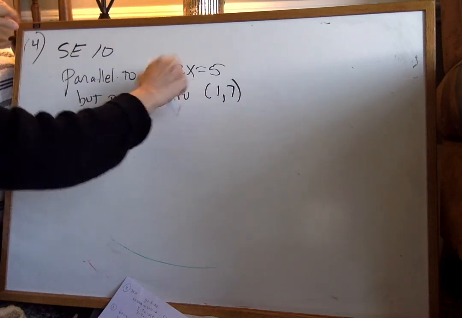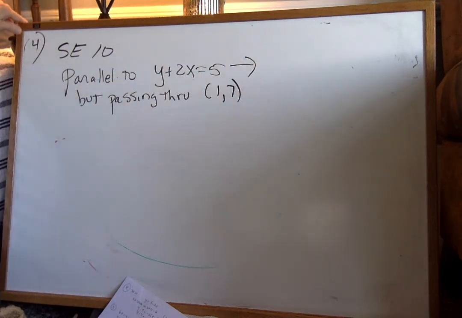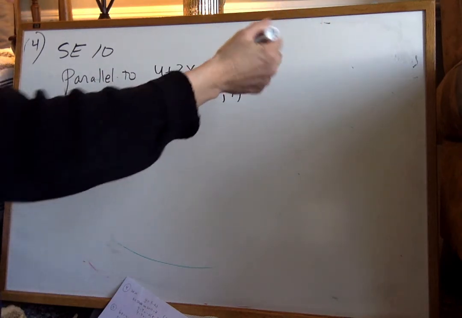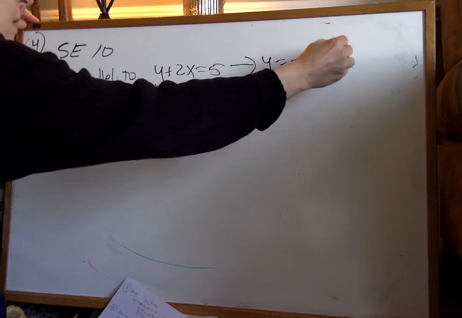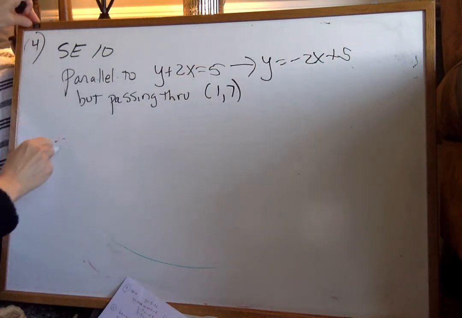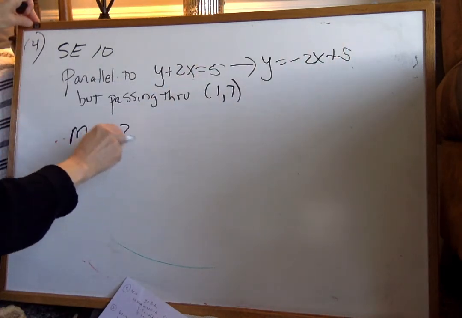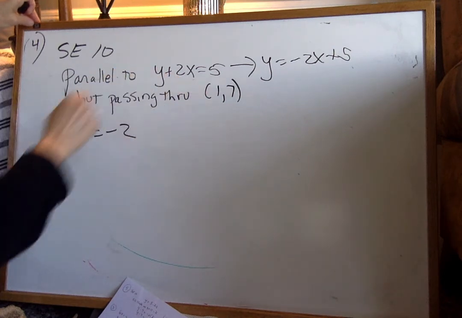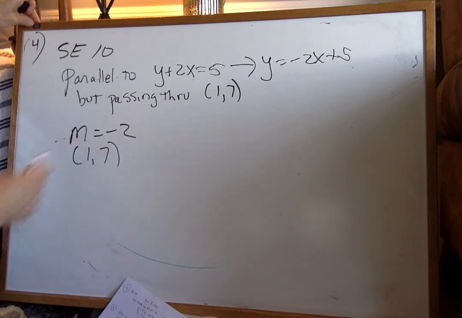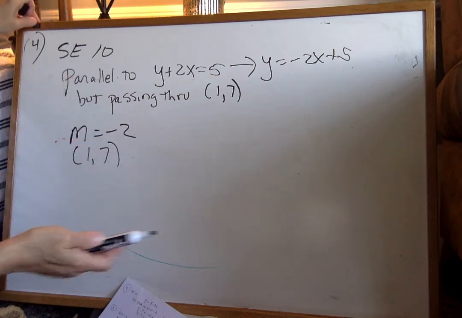The first thing is to get this into mx plus b form, so I'll know what the slope is. Okay, so parallel. I know I've got to use the same slope, and it has to go through that point. Again, I'm going to use point slope form.